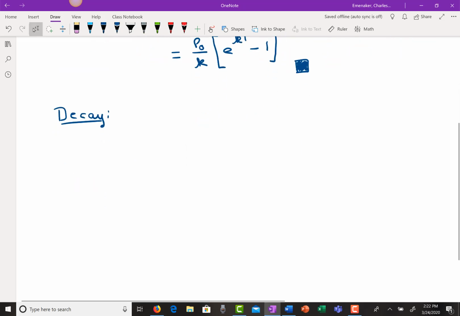It's going to be the integral from 0 to capital T. We're going to have our p sub 0. And this time it's going to be e to the negative k lowercase t dt.